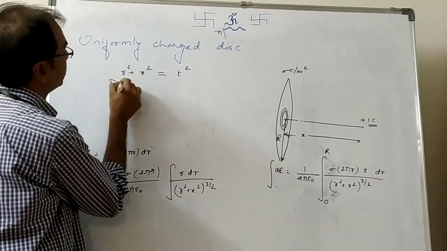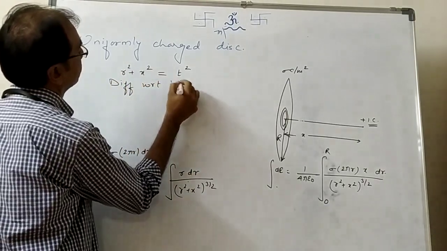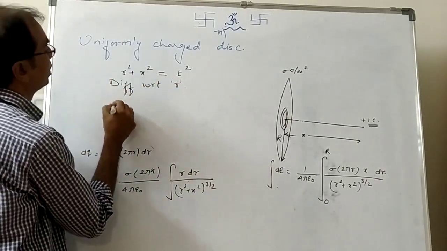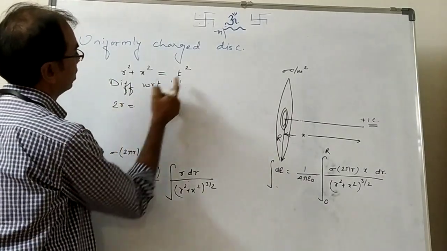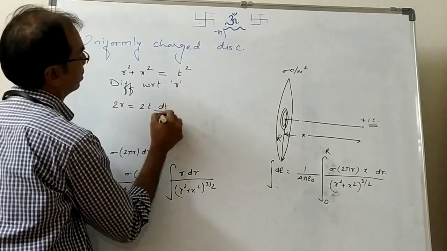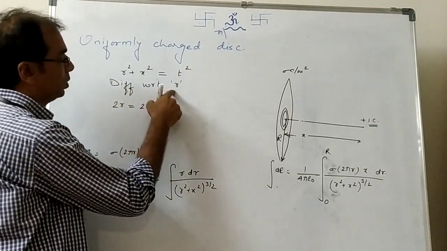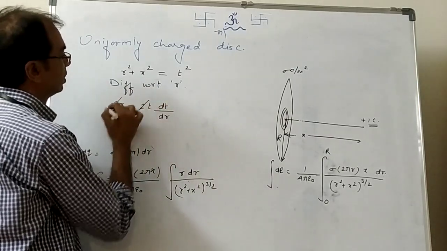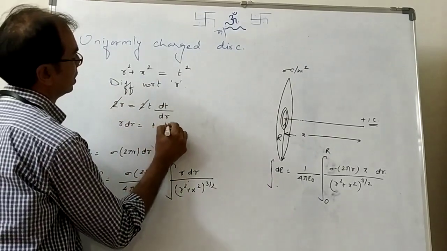So differentiating with respect to r, this becomes 2r. X square constant gone. Here 2t dt by dr. This gets cancelled. So we are getting r dr equal to t dt.